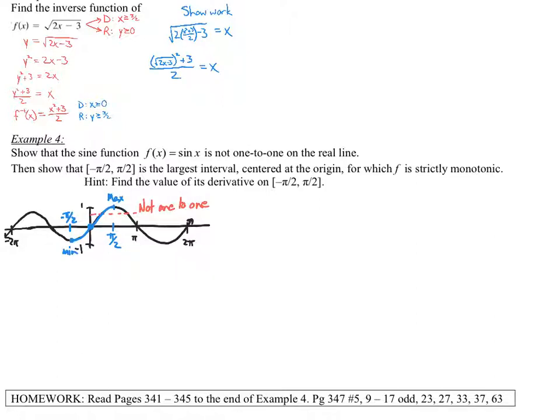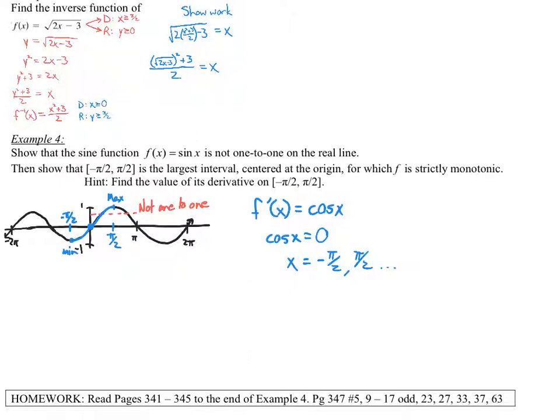Now you can also say then, find the value of its derivative. I know where the max or min are because we know what the function is. If we had to prove this somehow, we would say f prime is cosine, and cosine equals 0 when x is negative pi over 2, pi over 2, and so on.